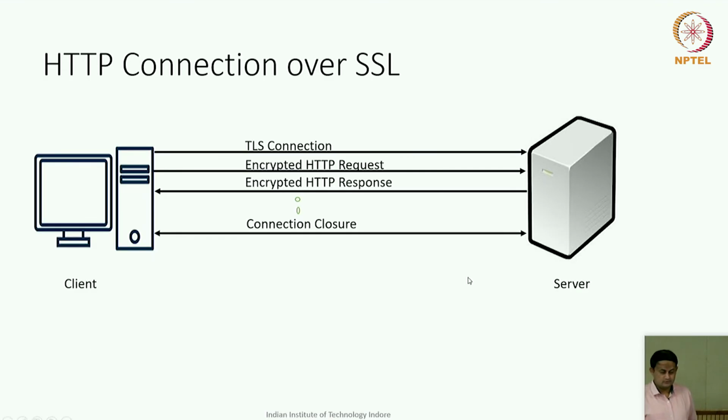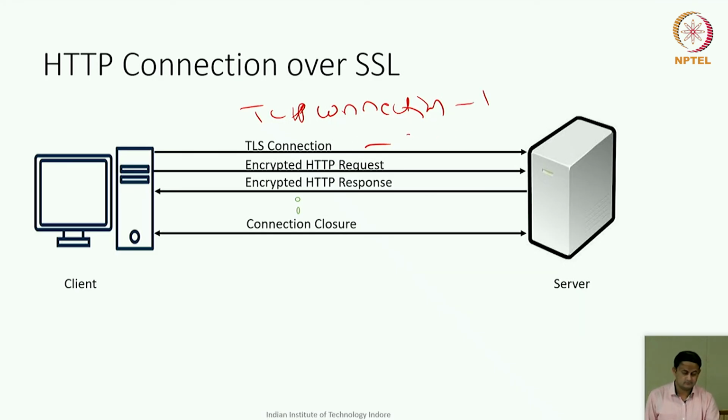So this is how the entire conversation looks. Maybe I can add the TCP connection here. Number one along the timeline is the TCP connection, the second one is the TLS conversation, and then you exchange the data. The client might send as many HTTP requests as required, more than one HTTP request in the same TLS connection.